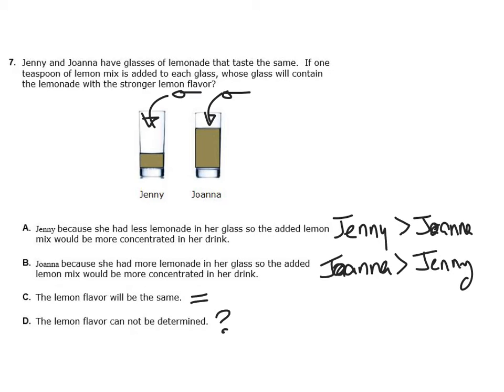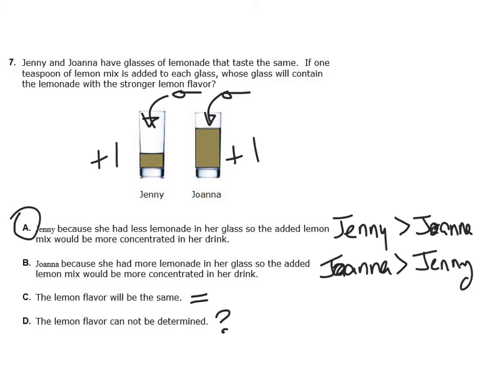So you're adding one more tablespoon to each, but the ratio of the lemon mix in each of those cups is different because there's less water in Jenny's. That means Jenny's flavoring will be more concentrated than Joanna's. So my answer should be letter A.